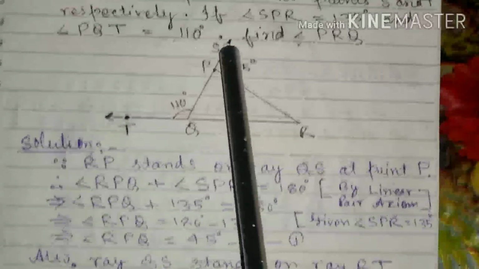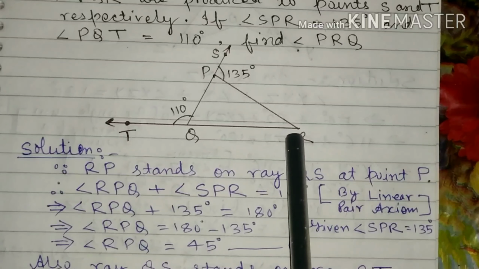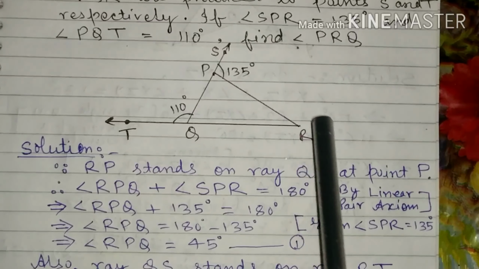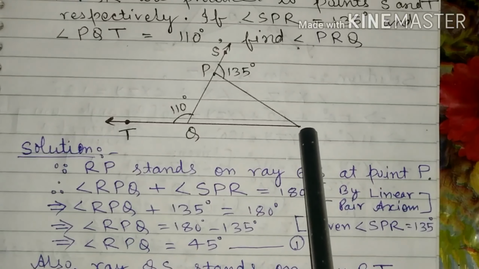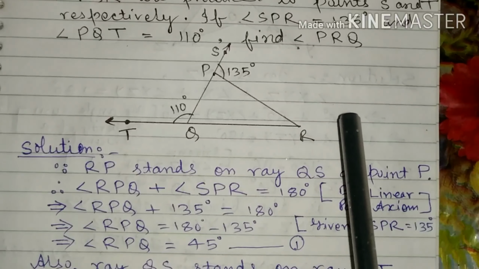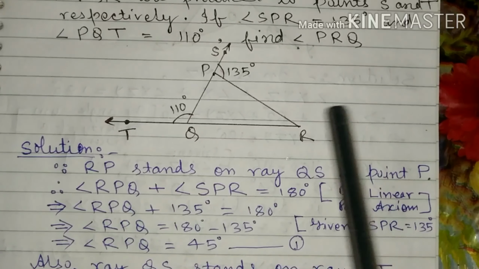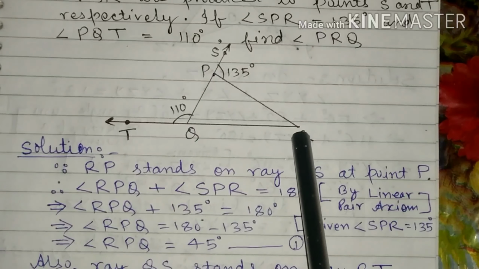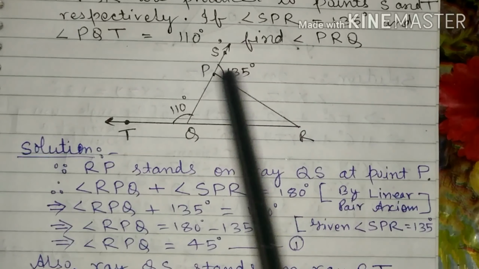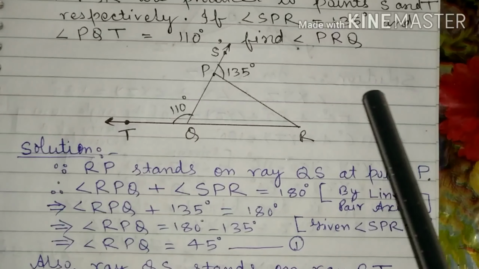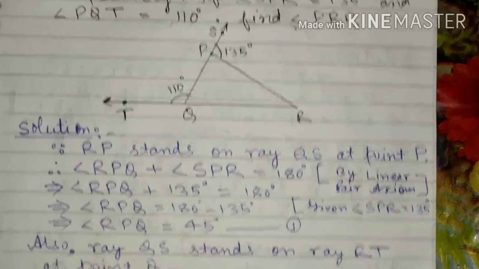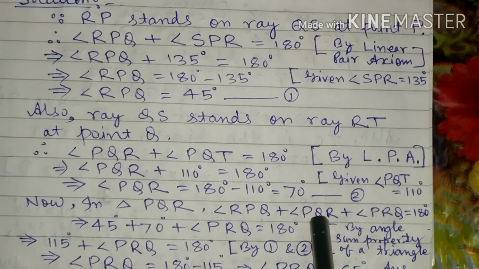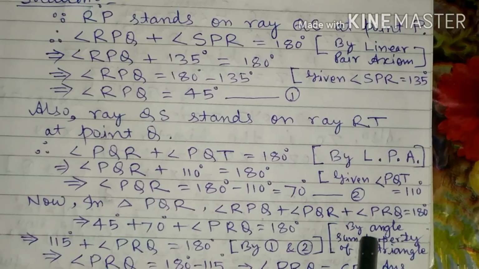Now, in triangle PQR, angle RPQ plus angle PQR plus angle PRQ, the sum is 180 degrees by the angle sum property of a triangle.